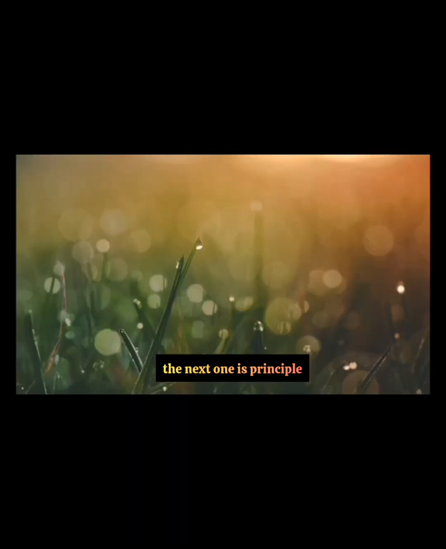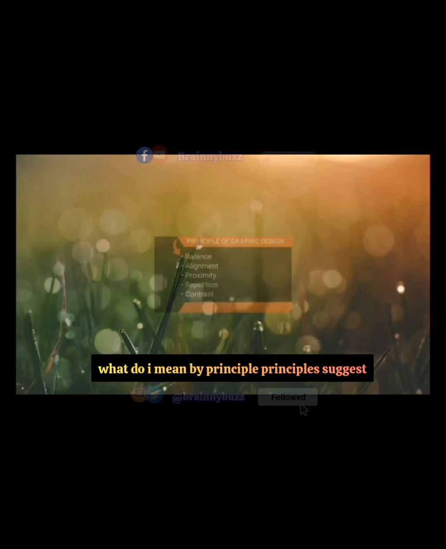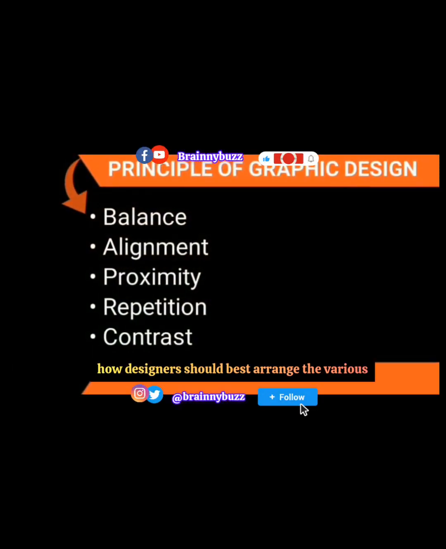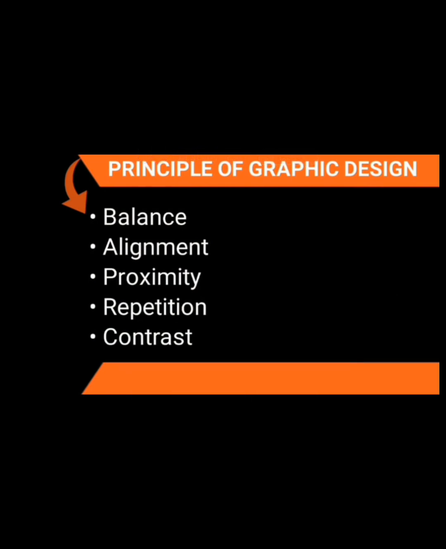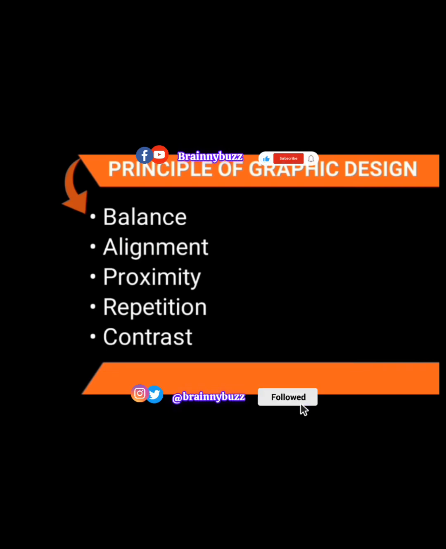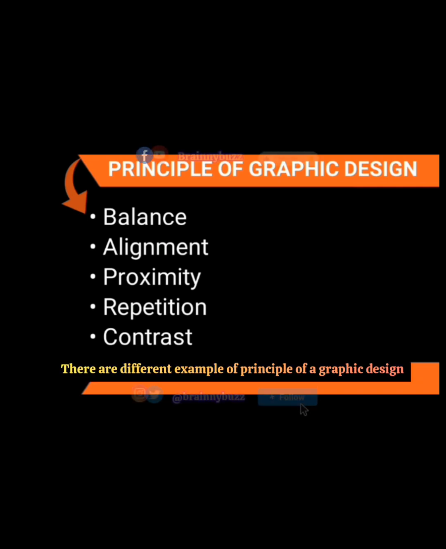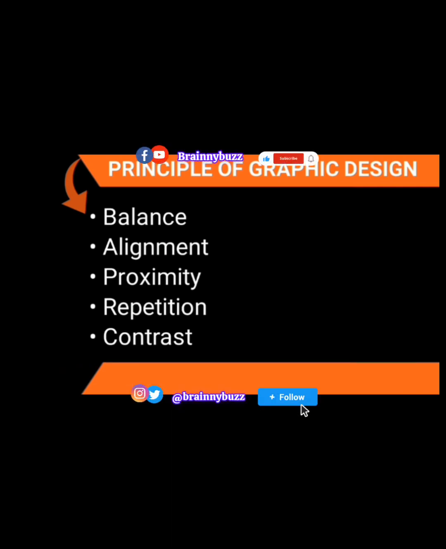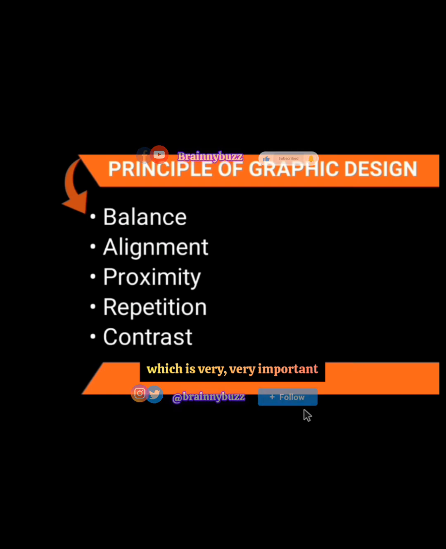The next one is principles. What do I mean by principles? Principles suggest how designers should best arrange the various components of a page layout to ensure the elements of the overall design are connected to one another. There are different examples of principles of graphic design. One is balance, which is very important.